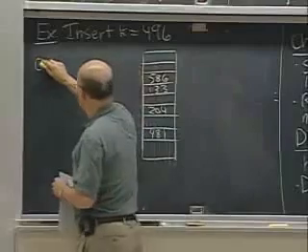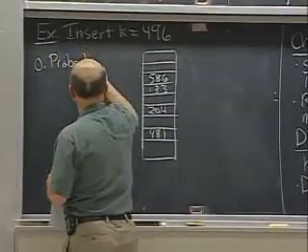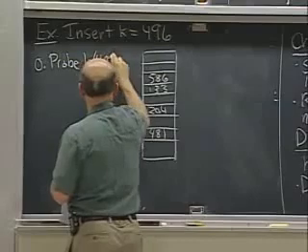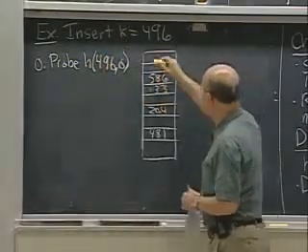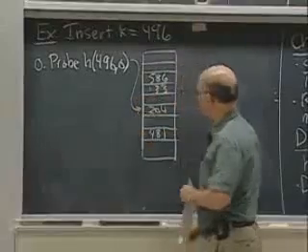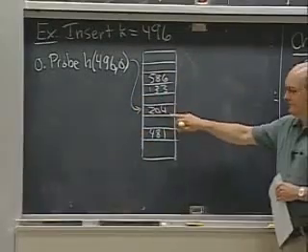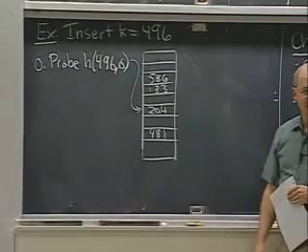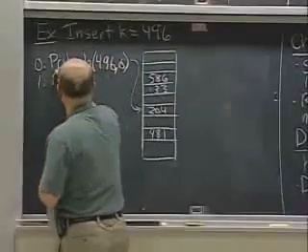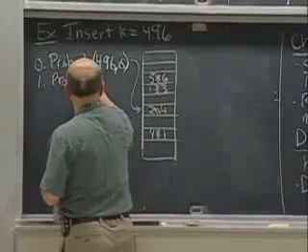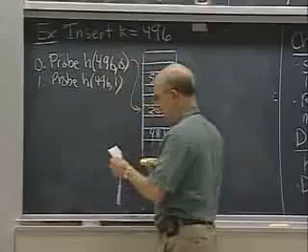So on my 0th step, I probe h of 496, comma 0. Let's say that takes me to the slot where there's 204. And so I say, oh, something there. Have to probe again. So then I probe h of 496, comma 1.